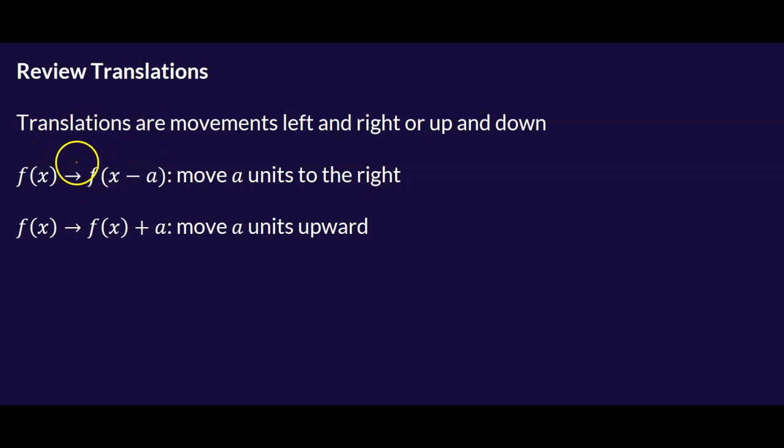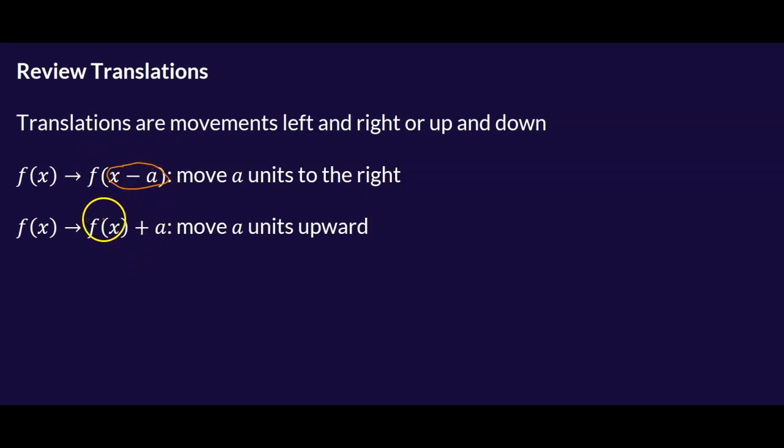If you move left or right, you're going to have your movement inside of your parenthesis. Being horizontal, it always tends to act the opposite of what you think. So if there's a negative a, you're going to move to the right. If there's a positive a, you're going to move to the left.